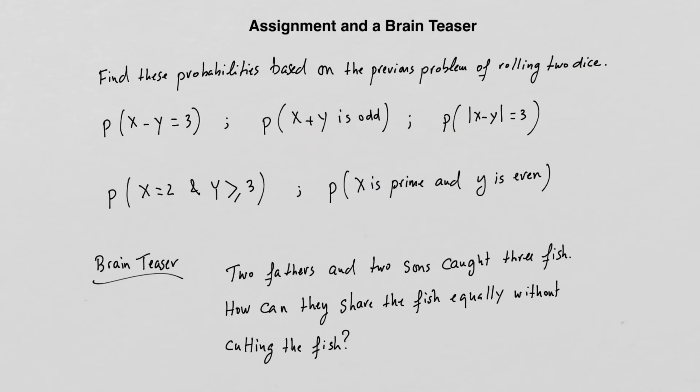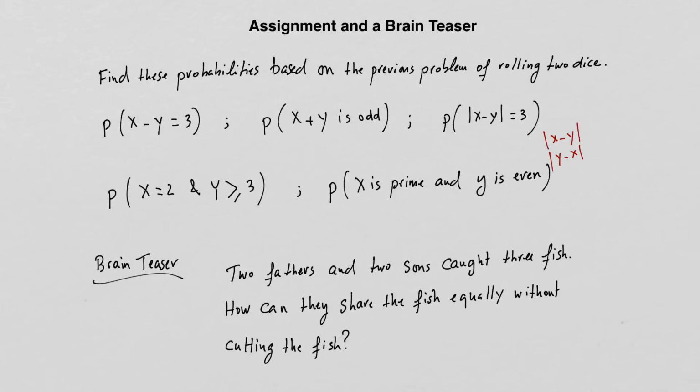This one, the probability that x minus y in absolute value is 3. In other words, whether you have x minus y or you have y minus x, when you put them in bars, you're going to get the same value.